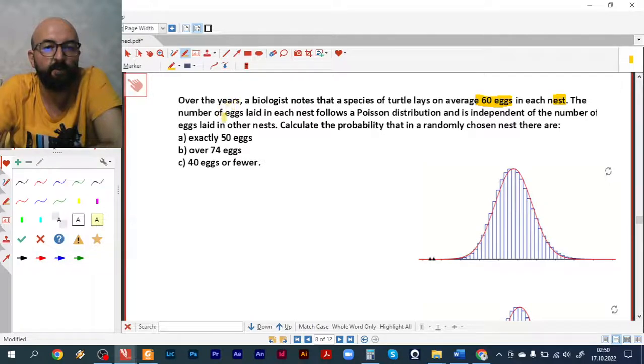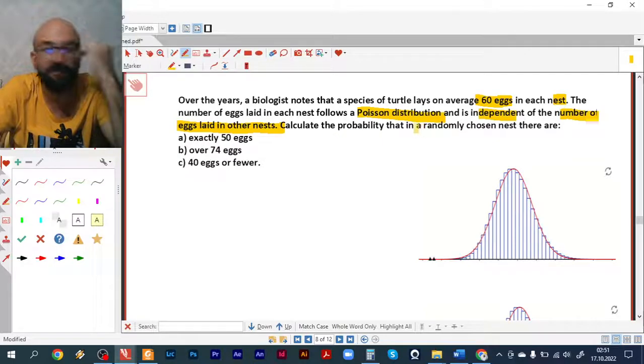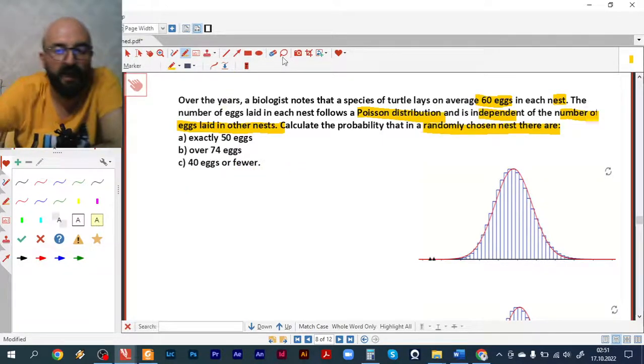The number of eggs laid in each nest follows a Poisson distribution and is independent of the number of eggs laid in other nests. Calculate the probability that in a randomly chosen nest there are (a) exactly 50 eggs, (b) over 74 eggs, and (c) 40 eggs or fewer.